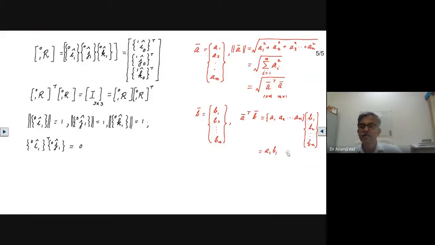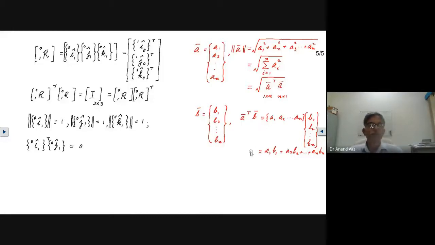Of course, these components are scalars. So we also write this as A transpose B.